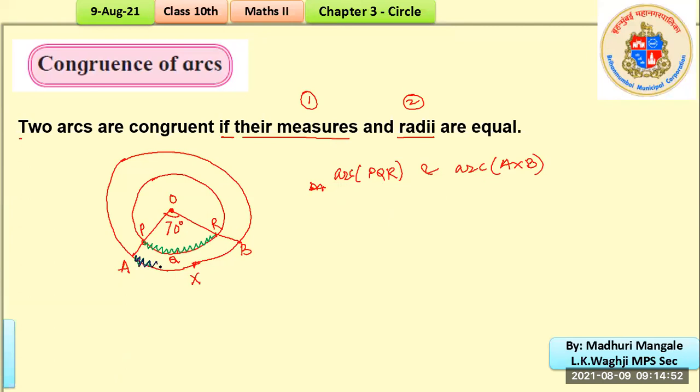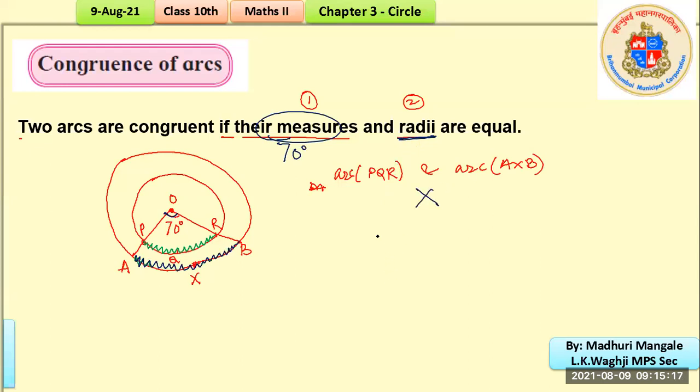Are they congruent? Are they equal? We can see straight away that they are not equal, correct? But we see the central angle is the same. For both of them, the measure is 70 degrees. But the radius of the two circles is not equal. So we say that they are not congruent.